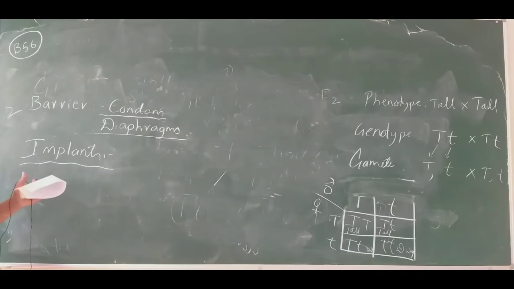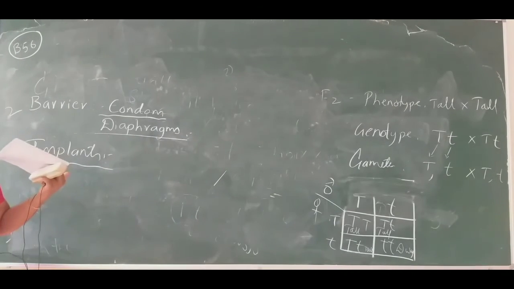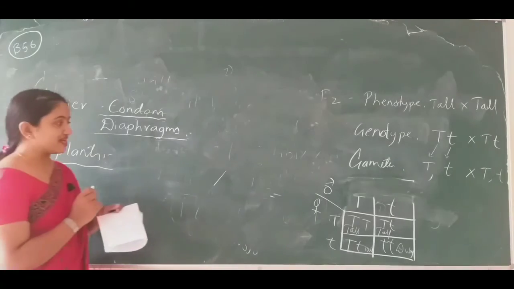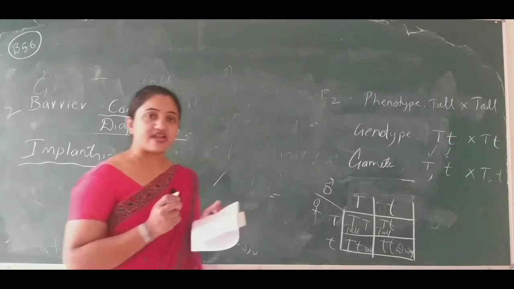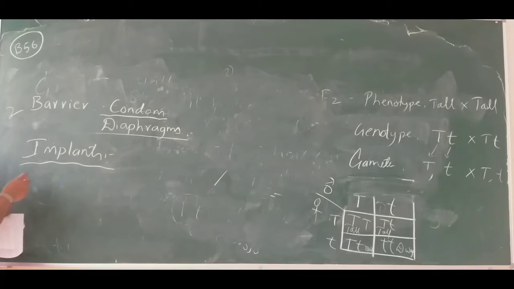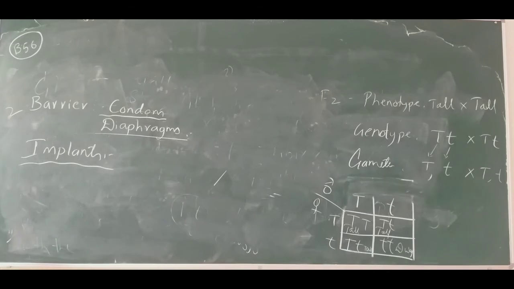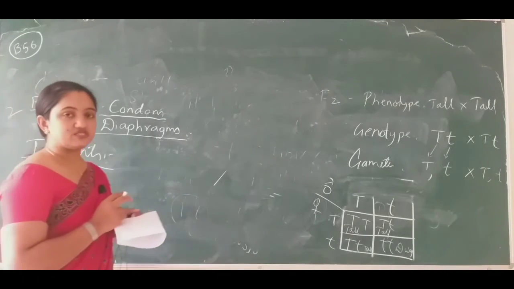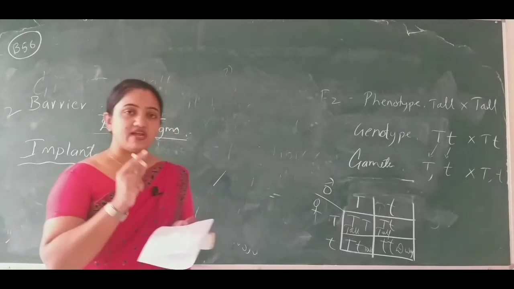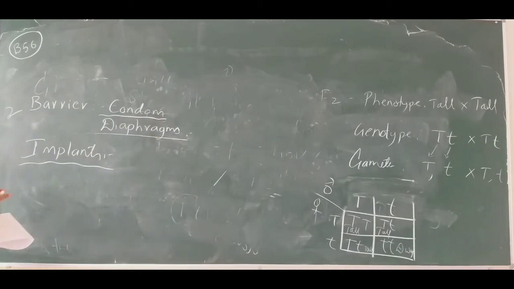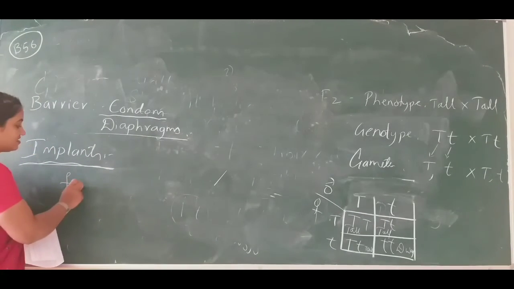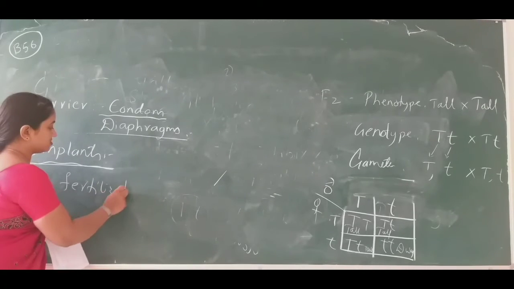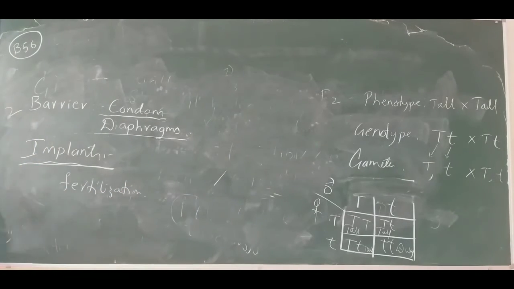Implants are needle-like structures injected under the skin of females. What are they doing? They release hormones like progesterone, or a combination of progesterone and estrogens. They produce the hormones, and they won't let fertilization occur.